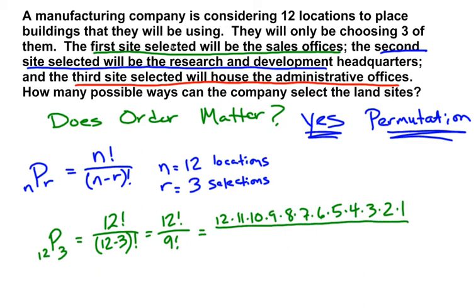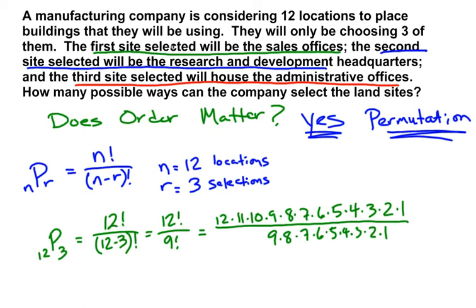And then we look at 9 factorial. That's going to be 9, 8, 7, 6, 5, 4, 3, 2, and 1. And again, we're multiplying all those values. And we're going to divide 12 factorial by 9 factorial. Well, there is a shortcut here.